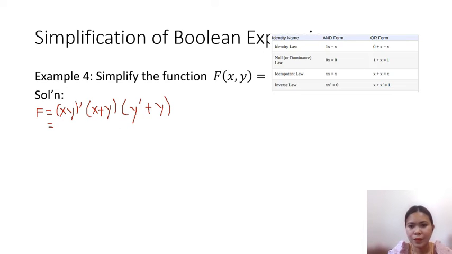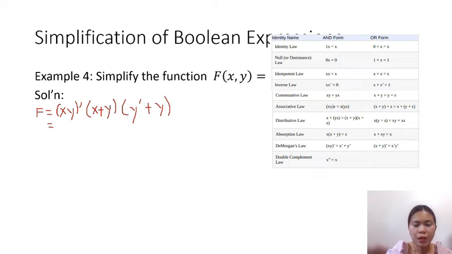Okay, so let's see what can we do first. So obviously we can simplify this part of the expression here, yung not xy, using De Morgan's law. And then next thing that we can do here is we can simplify this part of the expression.